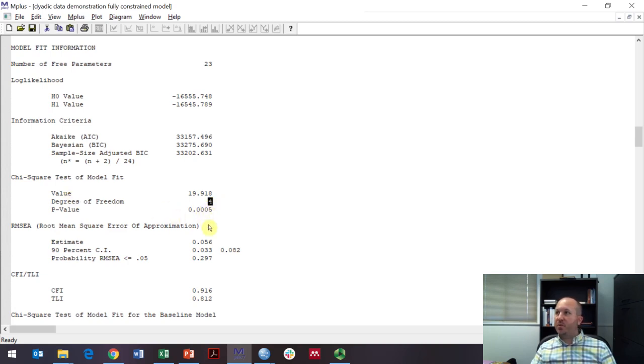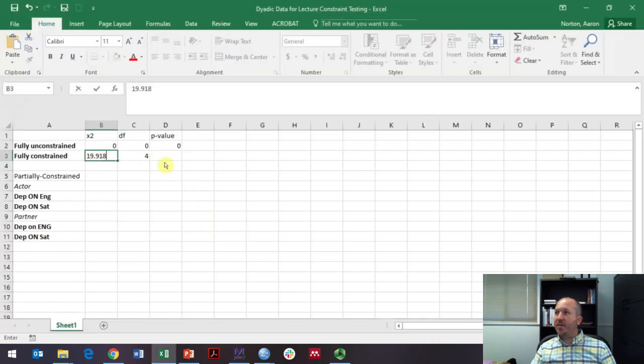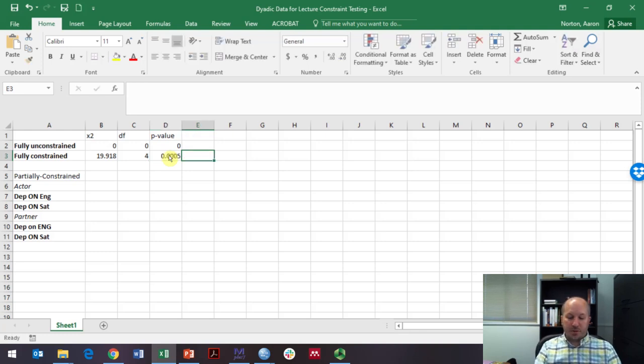And our p-value is 0.0005. And then I can put a little note here to myself that dyads are distinguishable. So I can remember this for my analysis, that they are in fact distinguishable.